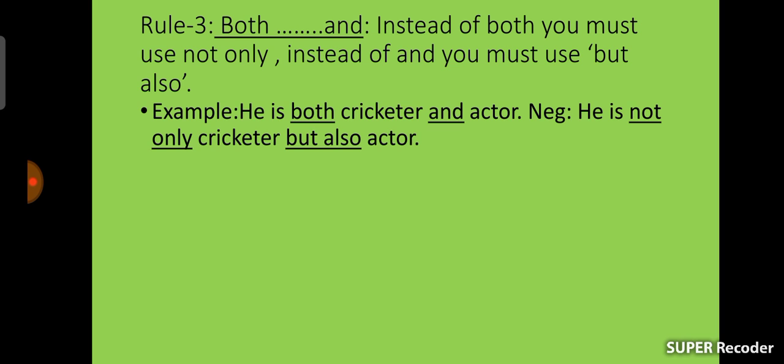Okay, let's see some examples. Example number 1: He is both cricketer and actor. Negative: He is not only cricketer but also actor. Dear students, look at the example very carefully. Here we use not only instead of both and but also instead of and.